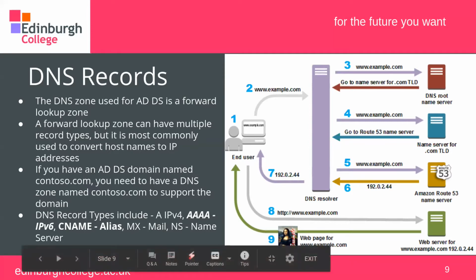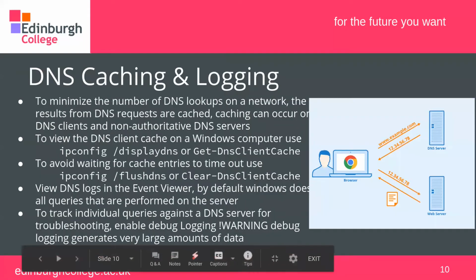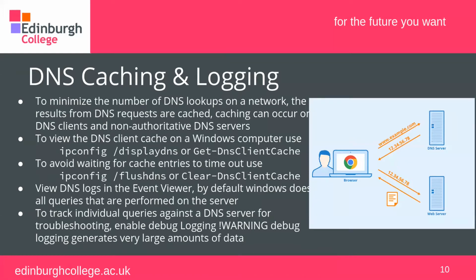Okay. Right, DNS caching and logging. So to minimize the number of DNS lookups, if every time you typed facebook.com or bbc.co.uk into your computer you had to do a huge global DNS lookup, it would slow things down. So DNS records are cached on the machine.